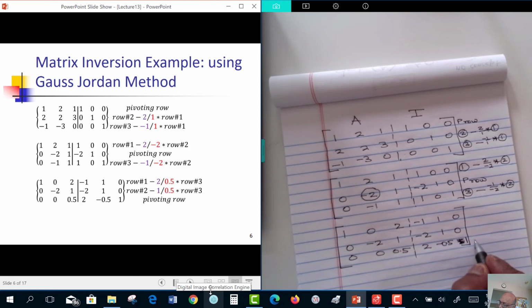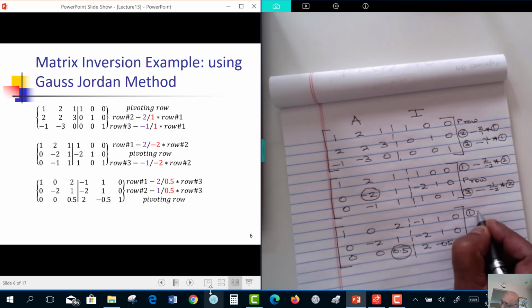So now this becomes the pivoting row. This is our pivoting element. So we are going to take first row minus 2 over half times third row.